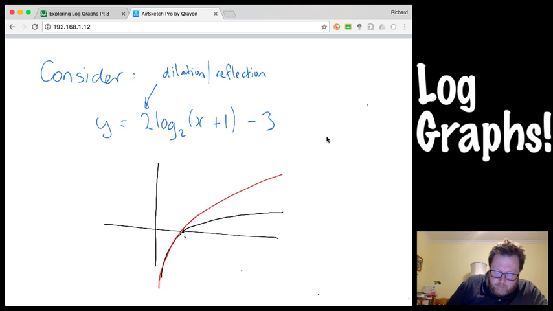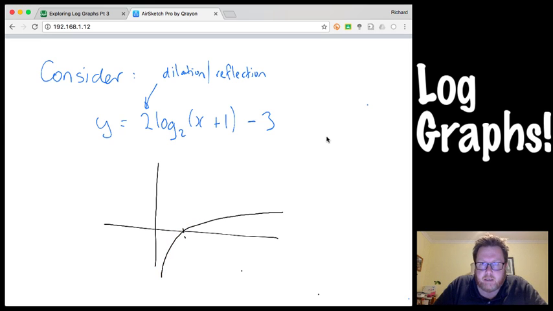Probably more like this, actually. It would still eventually catch up, but a little bit further down there. Okay, so that's basically what the 2 part is doing. I'll just undo all that. Let's leave that basic log function there while we look at the rest.